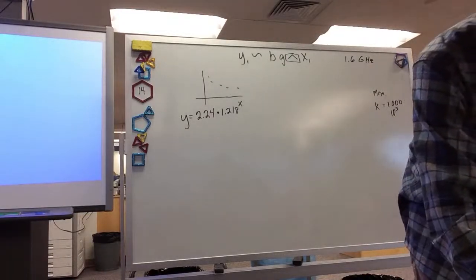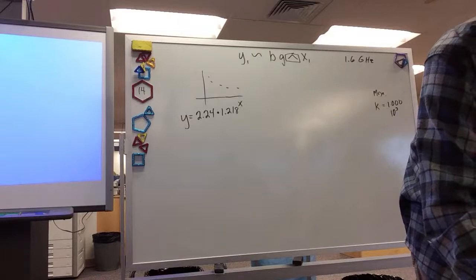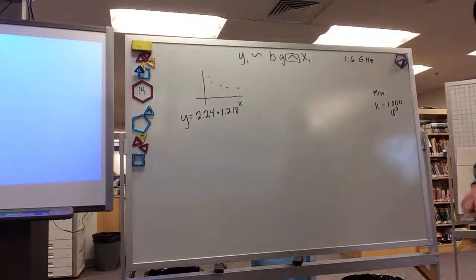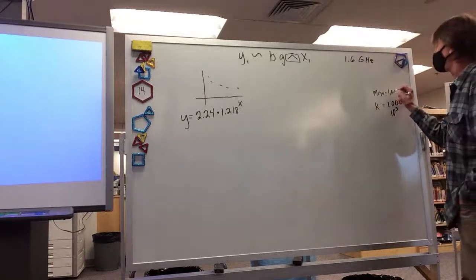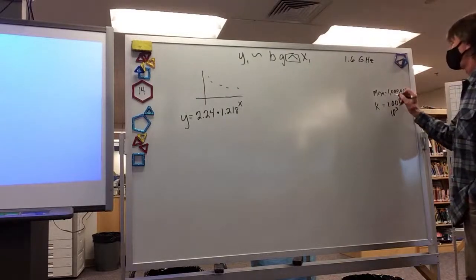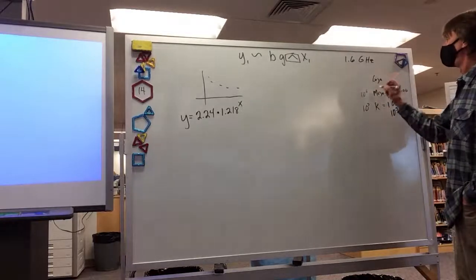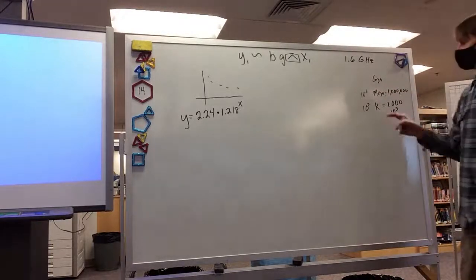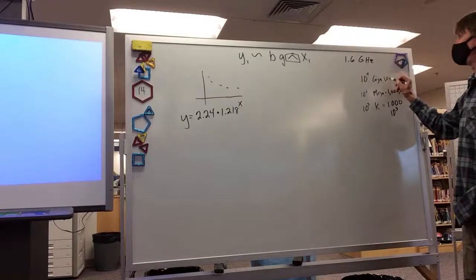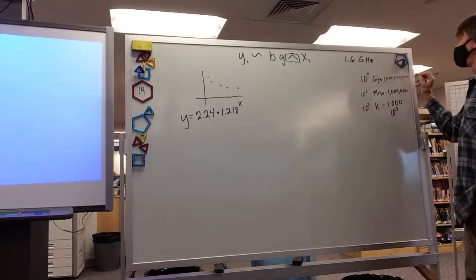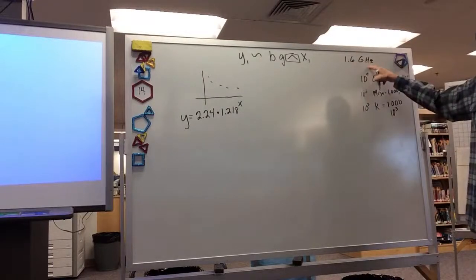I don't wanna get them wrong, you guys tell me, what's mega? It's 10 to the 6th, which is a million. Kilo's 10 to the 3rd. What's giga? What do you think it is? 10 to the 9th. So that's a billion. So this is 1.6 billion hertz.